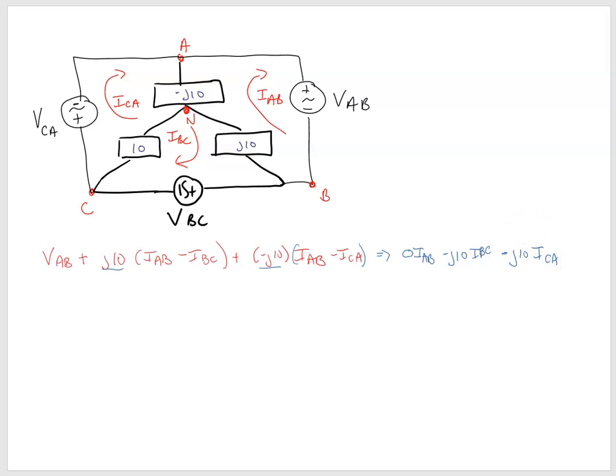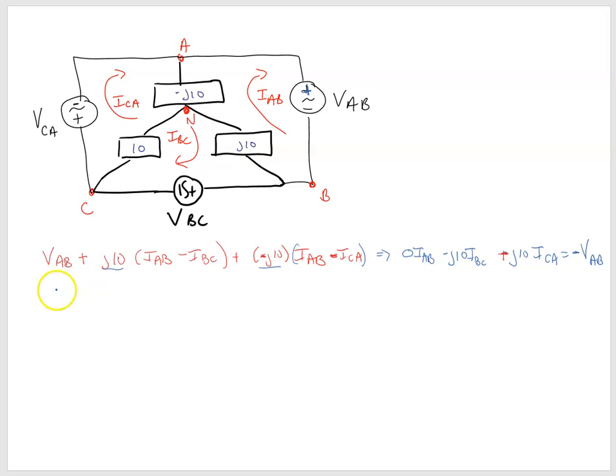Let me just fix my writing. So J10 IBC. And so that's all equal to negative VAB because we're going into the positive voltage terminal. And let's just also correct this because I didn't simplify well. It was minus J10 but minus ICA, so that should become a positive. So that's for our AB mesh.